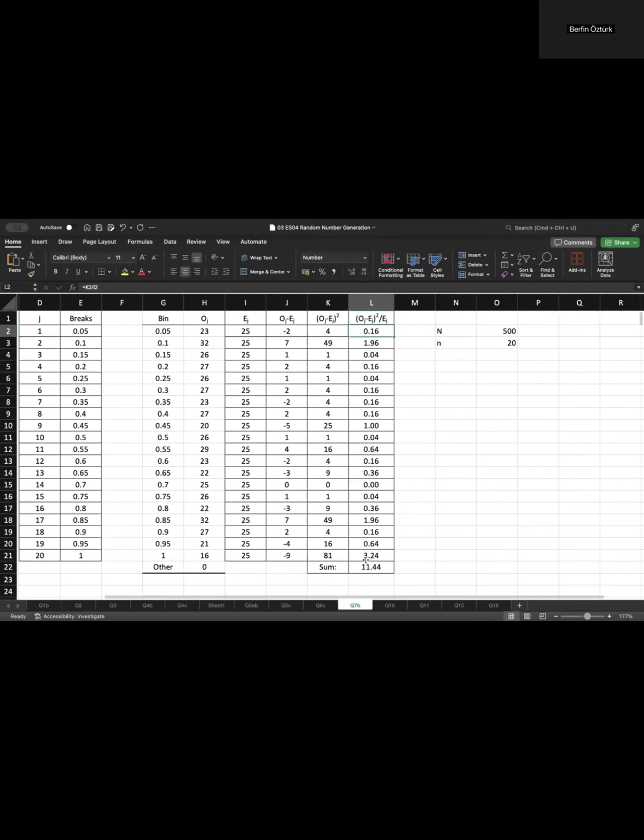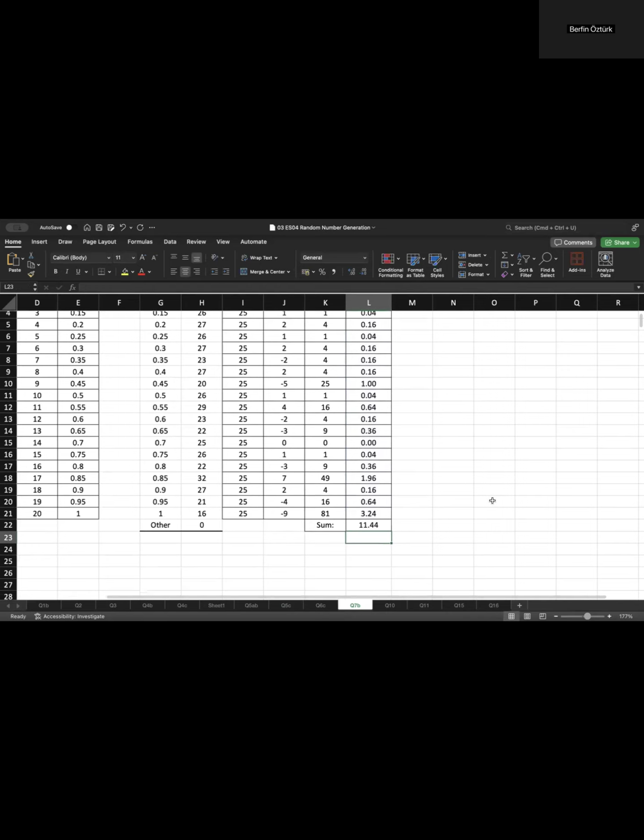Okay. So our sum is just like we did on the iPad when I was drawing. We are summing this up because the formulation goes like this: the O_j minus E_j squared divided by E_j, and we are summing these up over j. So if you sum these up, we get 11.44.